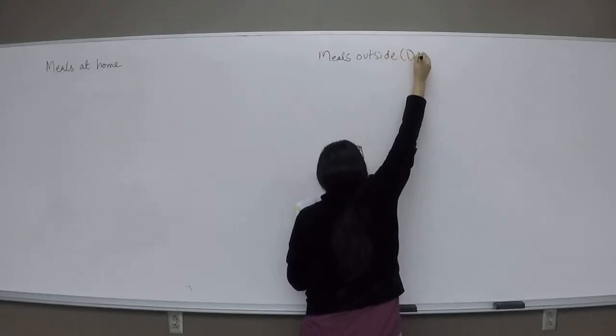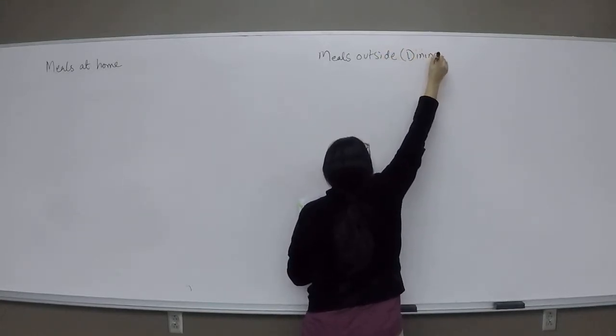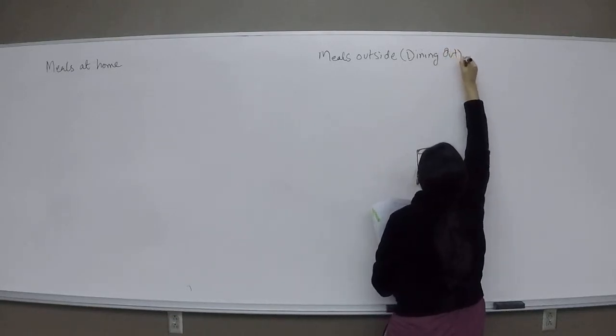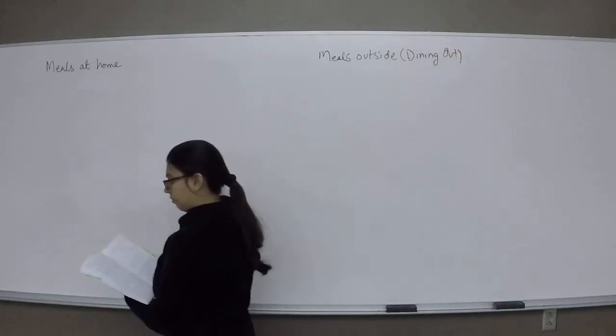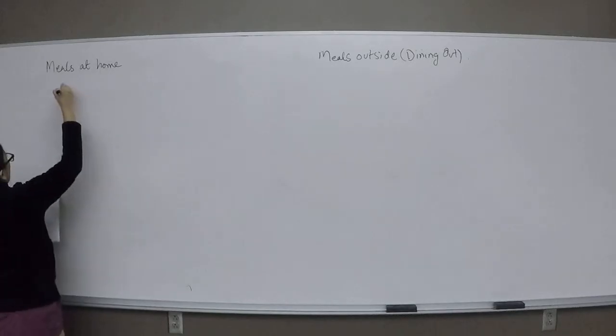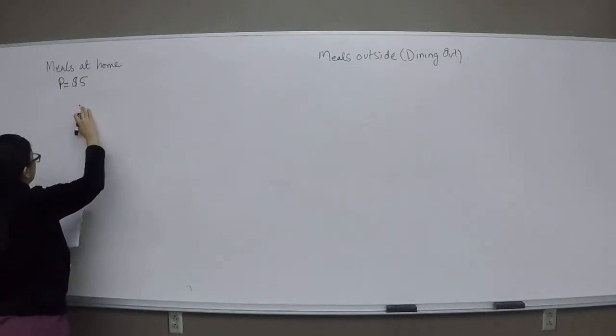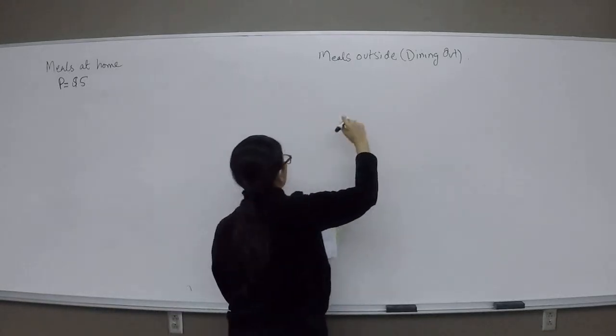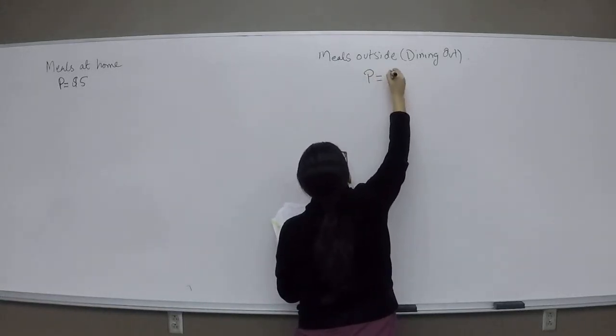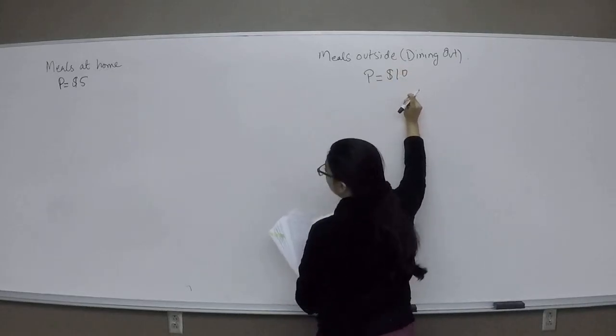So dining out. Meals at home can cost you $5 a meal. The cost of a meal at home is $5. Meal outside price is $10 per meal.